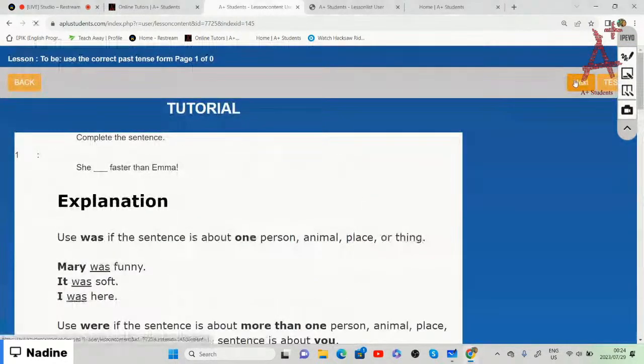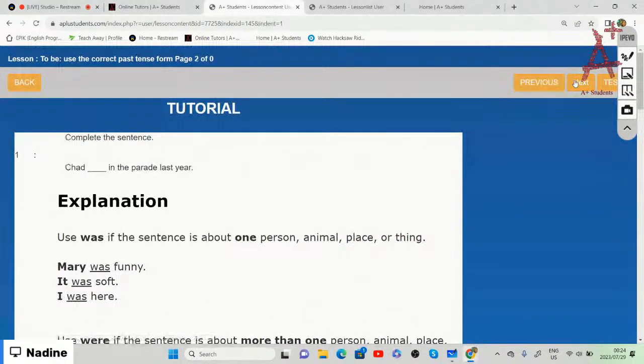Let's go next to the next one. Chad. We use between was or were. So Chad, we can say Chad was because Chad is only referring to himself being alone. So Chad was.